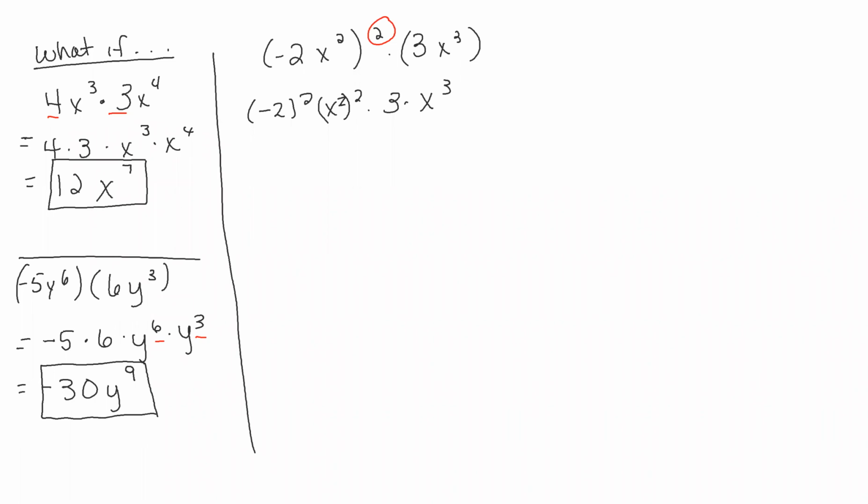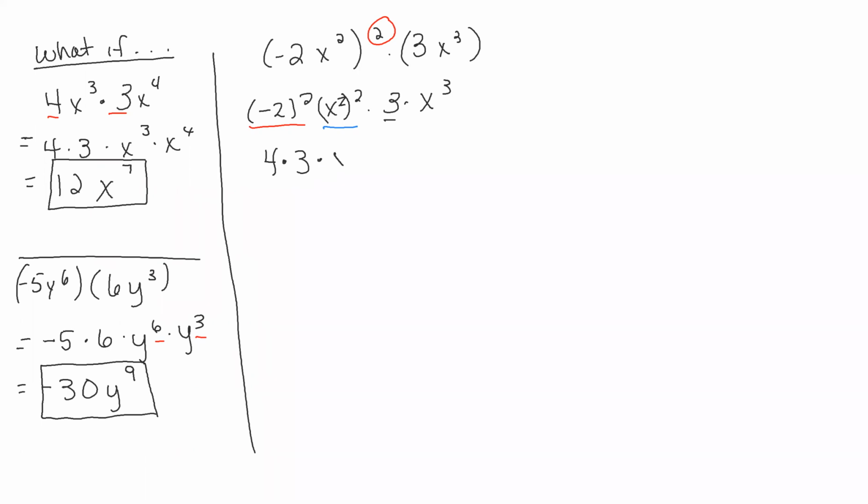So what I want to do now is simplify right here. I want to simplify negative 2 squared. Well, I've got a negative inside parentheses, but I do have an even exponent, so that's going to make this positive. And then 2 squared is just 4. So this is positive 4. And then I'm going to go ahead and write that 3 over here beside it. Now what I want to do is simplify this x term. So I had x squared, quantity squared. So this is the power rule. I have a term in exponential notation raised to an additional power.